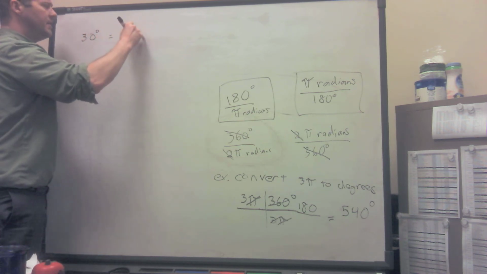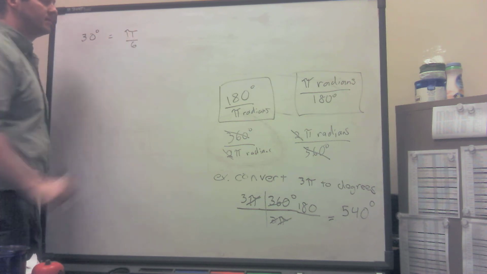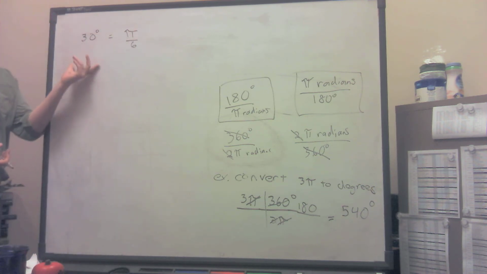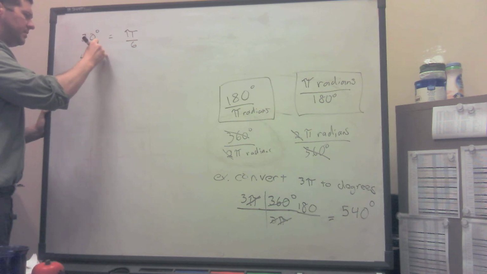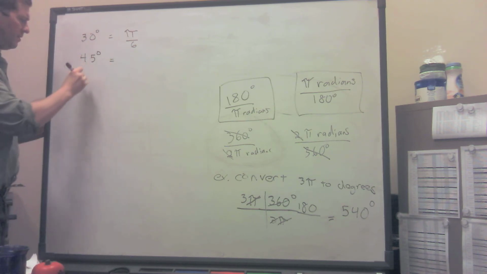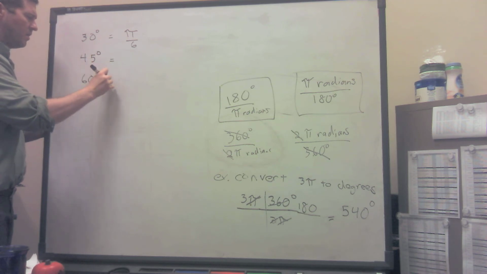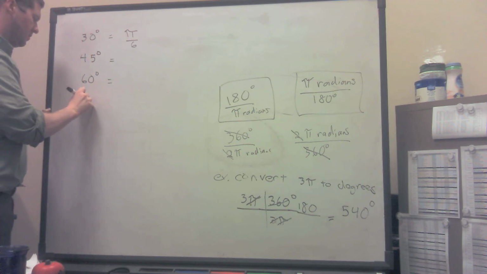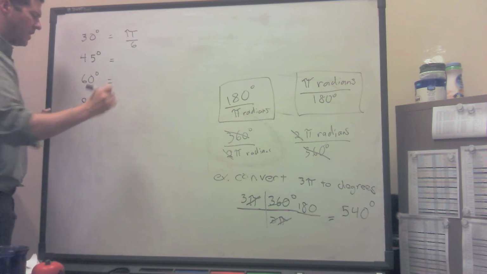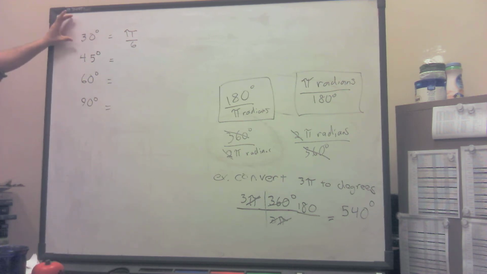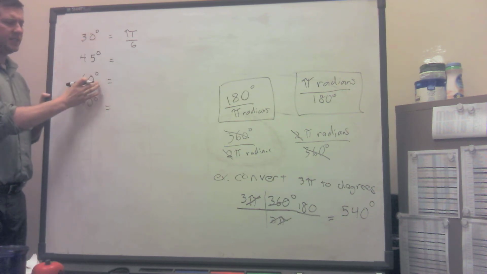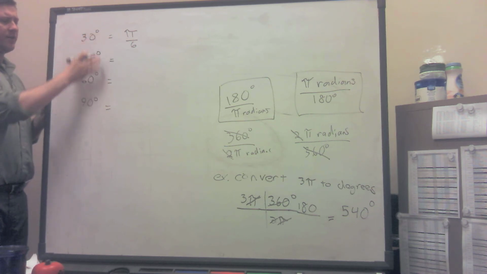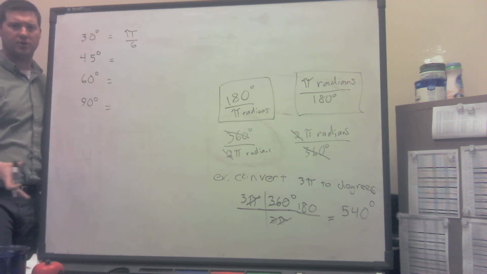30 degrees is pi over 6. We could just as easily find all the other ones doing a similar method. But I like to think of multiples of this 30 degrees. For example, 30 degrees times 2 gives me 60 degrees. The same thing should occur with pi over 6.